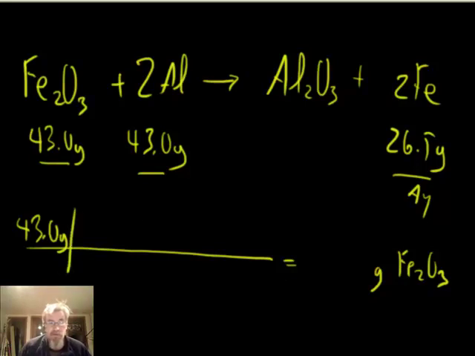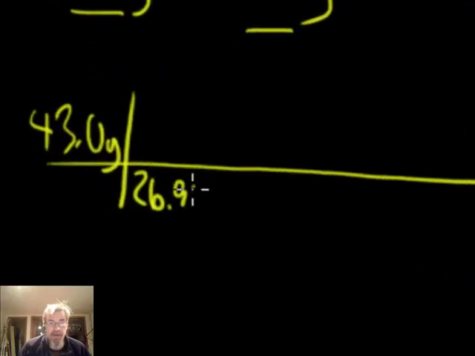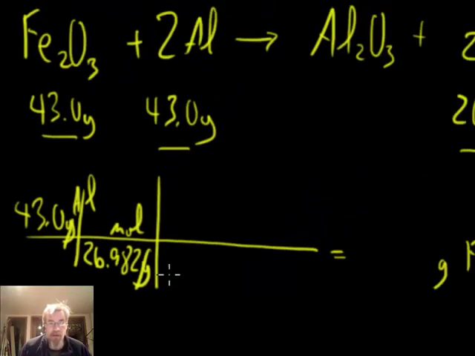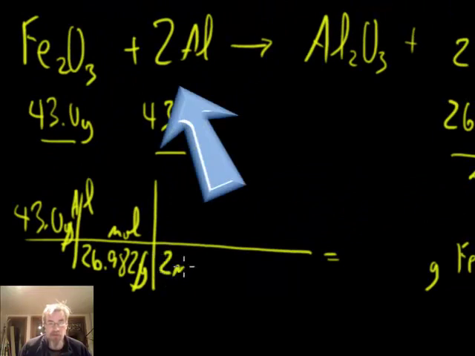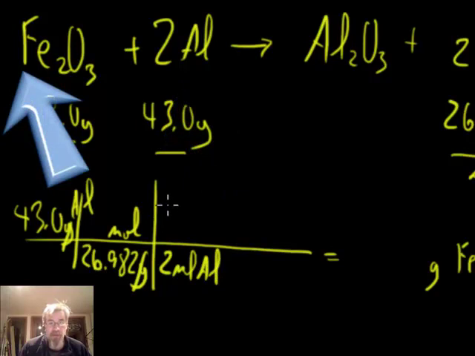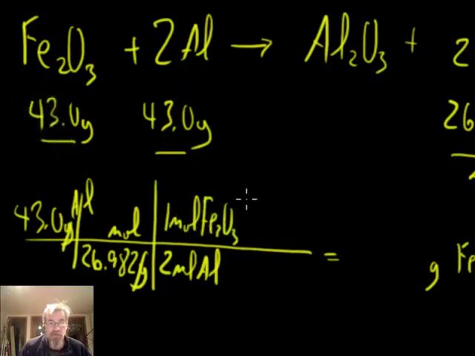First thing I'll have to do is convert to moles. Aluminum is 26.982 grams per mole. That converts me into moles of aluminum. Now I want aluminum to cancel, so I'll put 2 moles aluminum on the bottom, and I want Fe2O3 in my answer, so that's 1 mole of Fe2O3.